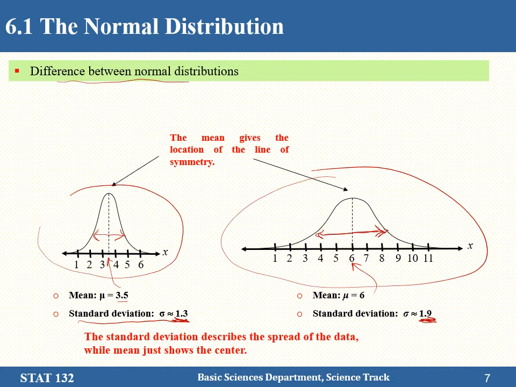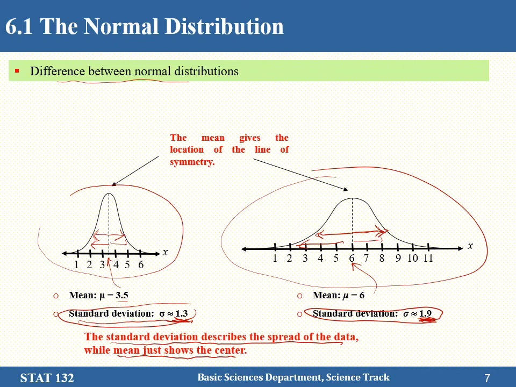The data is more spread to the right and left, but on the other graph it doesn't spread as much. So more standard deviation means more spread of data. Standard deviation describes the spread of data, but the mean just shows the center.